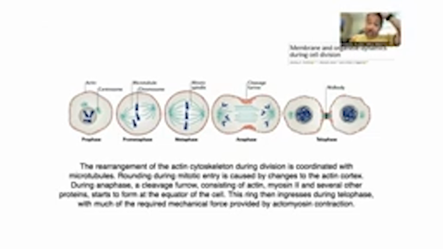The rearrangement of the actin cytoskeleton during division is coordinated with microtubules. Rounding during mitotic entry is caused by changes to the actin cortex. I will talk a little later about how this process of mitotic cell rounding happens.